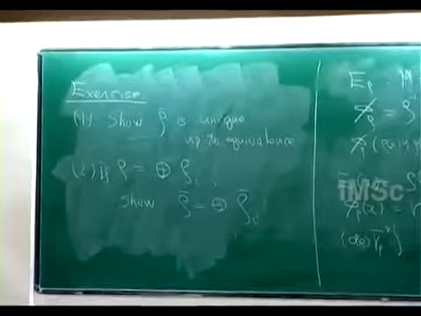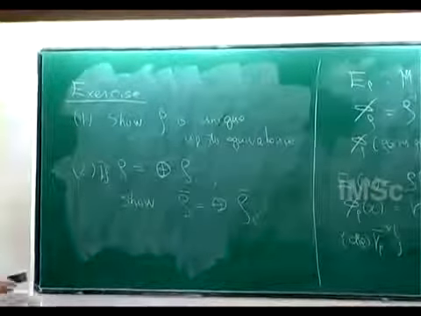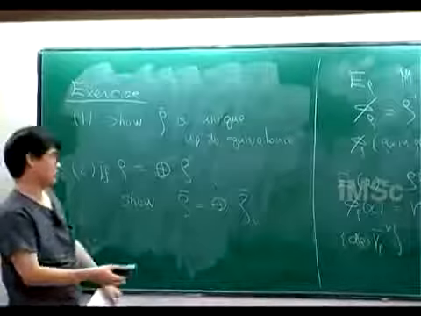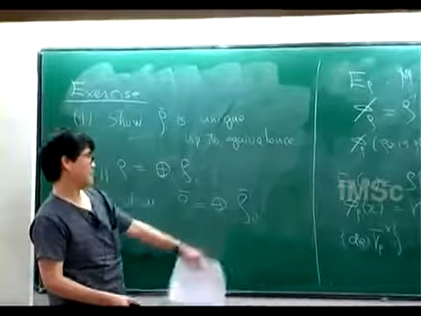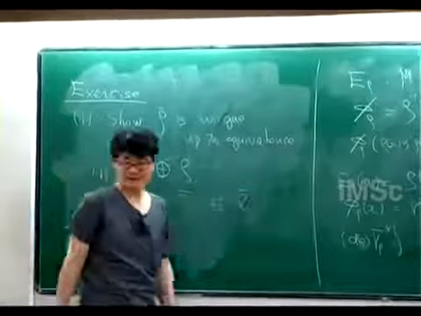So you have to construct R rho and R rho bar from R rho i and R rho i bar.